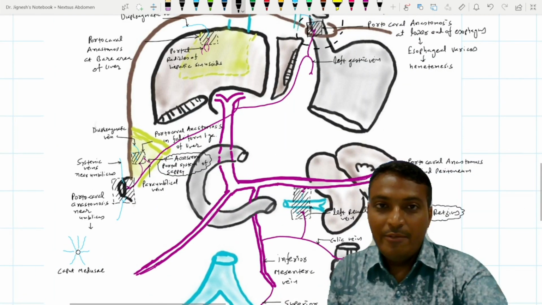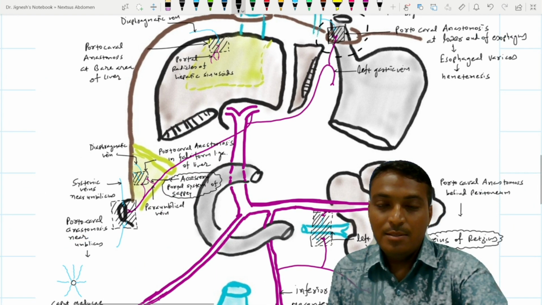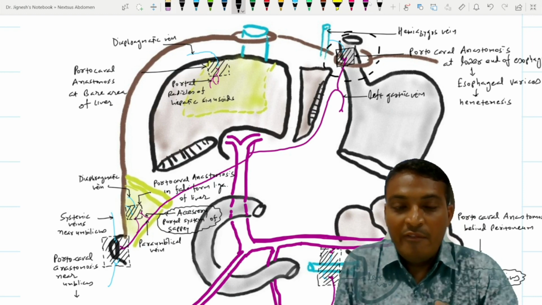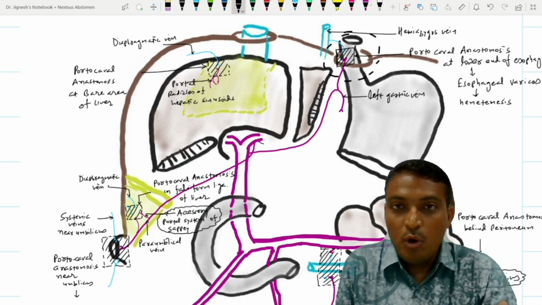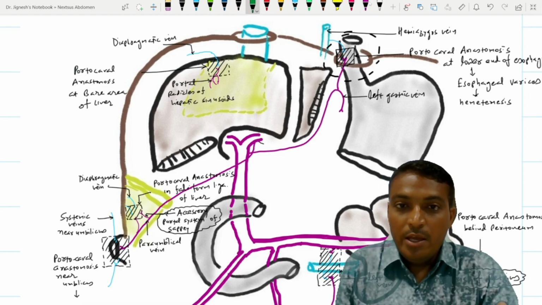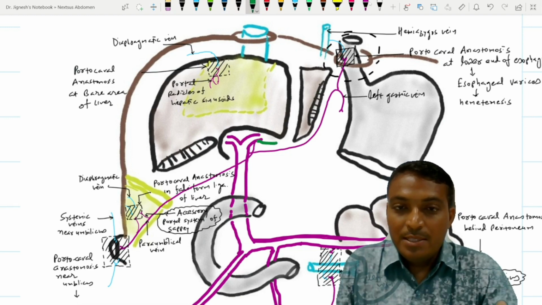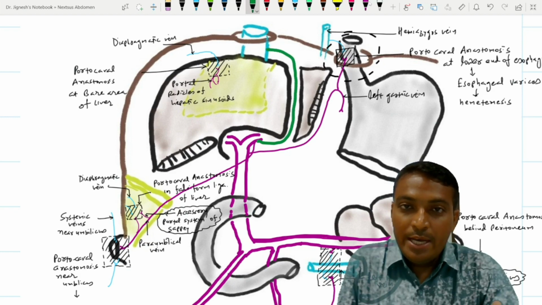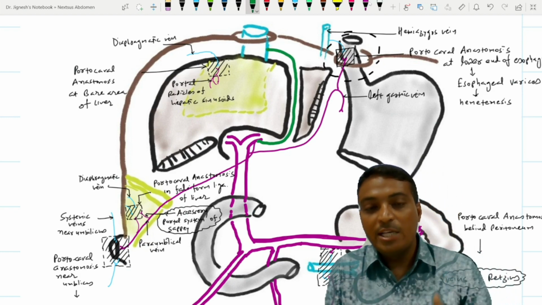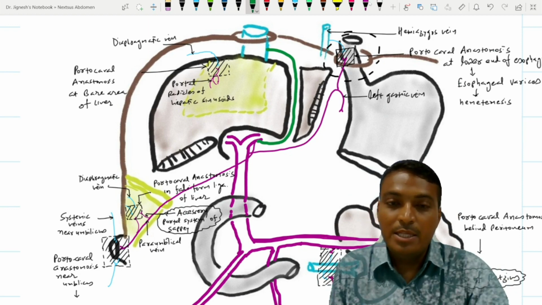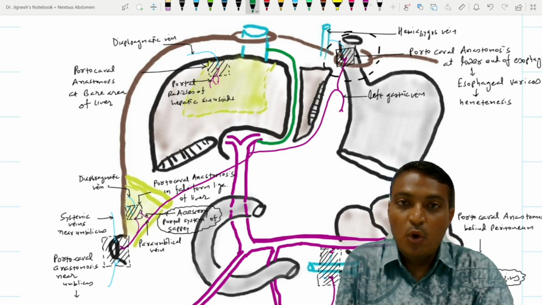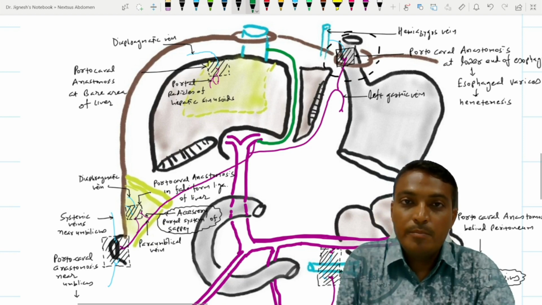And the seventh portocaval anastomosis is sometimes present in a normal individual. In fetal life, or intrauterine life, a channel which communicates between the left branch of the portal vein and the inferior vena cava is called the ductus venosus. But in adult life, after birth, this ductus venosus gets fibrosed, and is then called the ligamentum venosum.